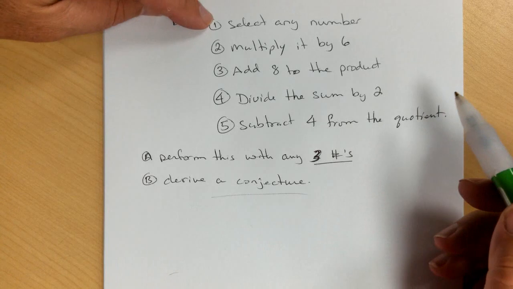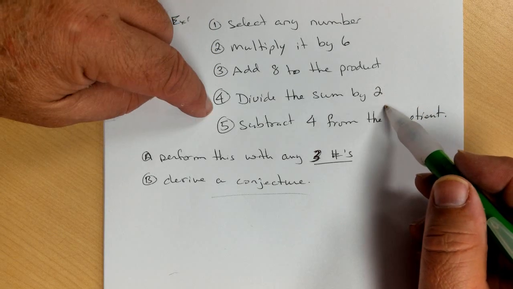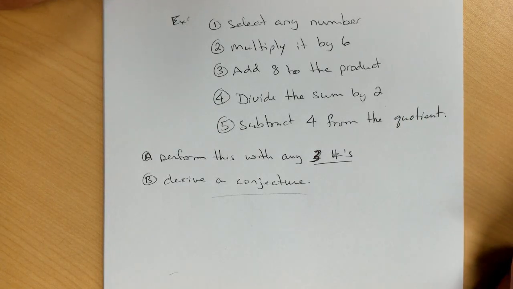So first step, select any number, multiply it by 6, add 8, divide by 2, subtract 4. And tell me your conjecture, and then let's prove it.